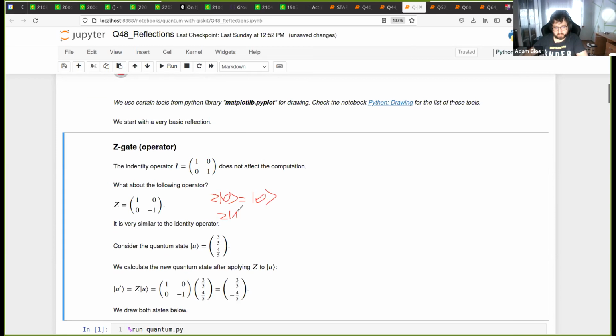And Z applied on 1 is equal to minus 1. So you see that if there are amplitudes like for this state, then since squaring ignores the sign, we will get the same probabilities. Anyway, this quantum state is different.